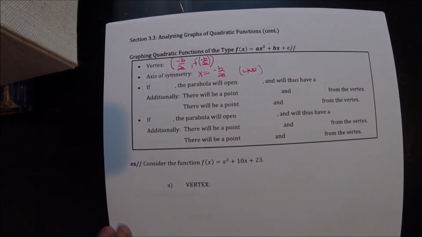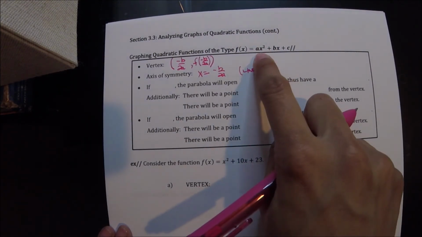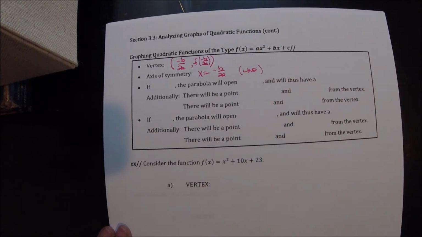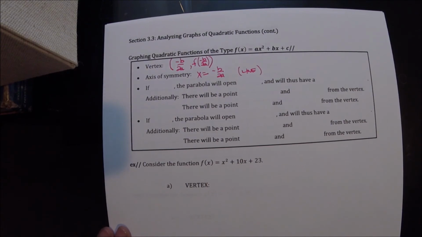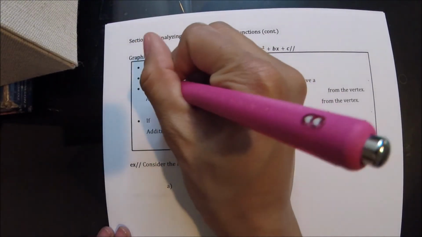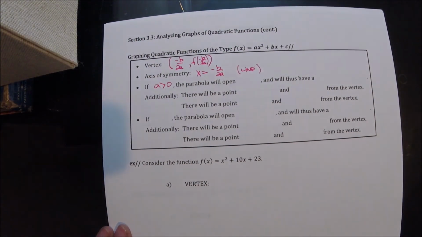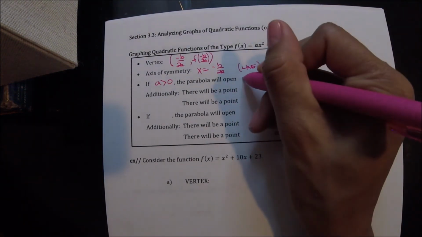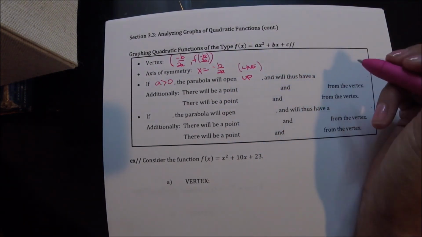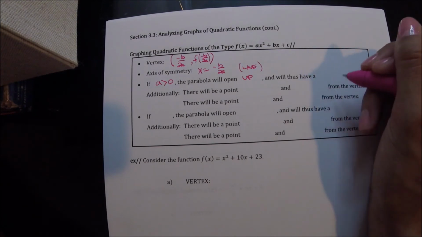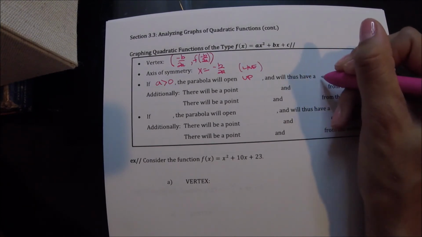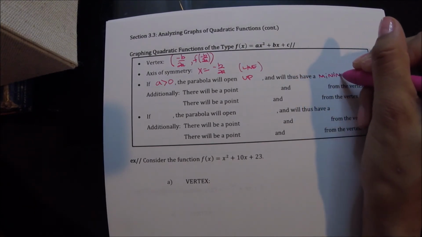And this a still has the same properties as in the other form. So if a is greater than 0, which way will the parabola open? In that case, it opens up, so it's going to have a minimum.